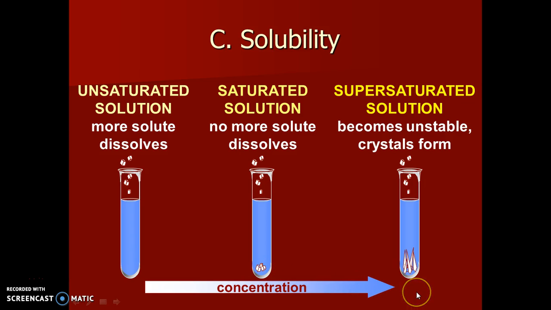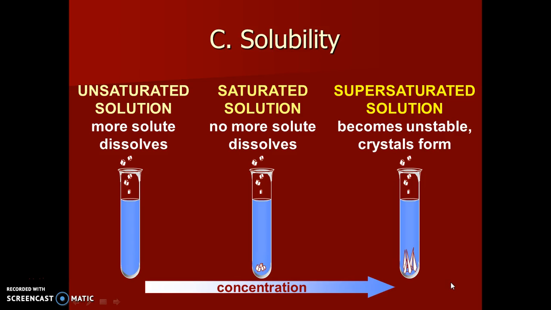Now a supersaturated solution means it's actually holding more solute than it should at that temperature, and you're going to see crystallization form. So the concentration is low when it's unsaturated, increases when it's saturated, and is extremely high when it is supersaturated.